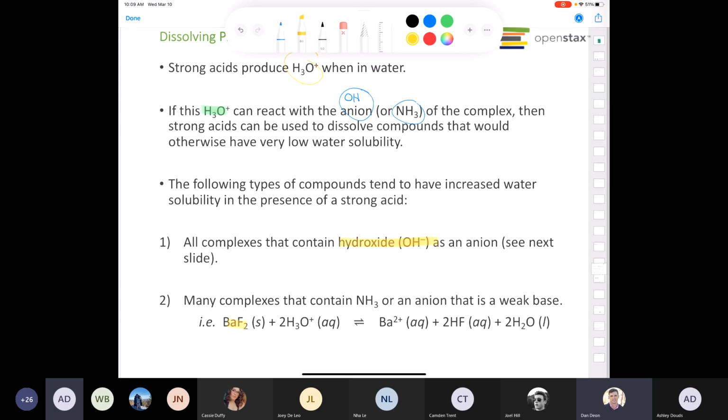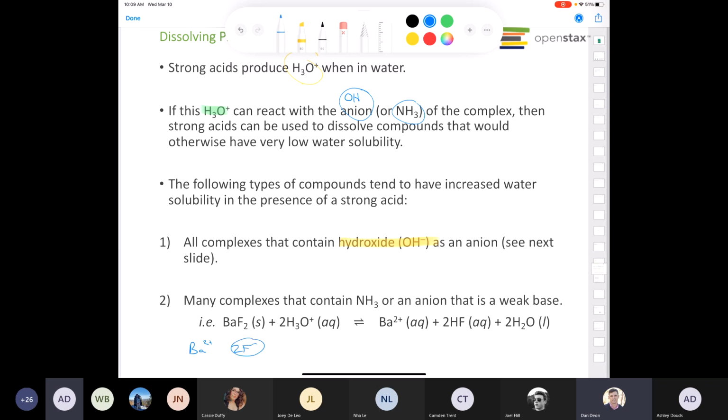You want me to tell you how you know the answer? Because if you have an anion that's a weak base, what's it going to do? It's going to react with the acid. So that's why something like barium fluoride, which is made from barium cations and fluoride anions, is more soluble.